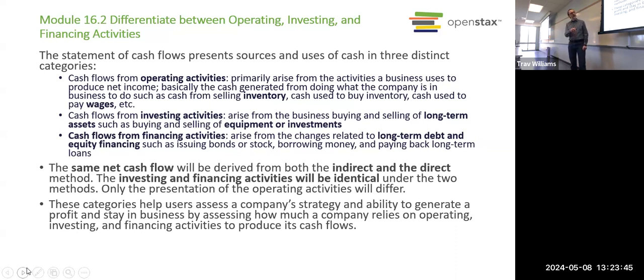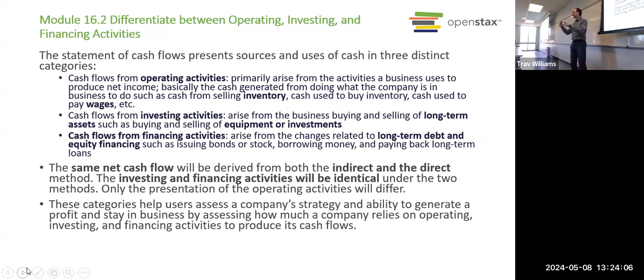Now, whether you use the indirect method or the direct method for the operating section, you should get the same answer for your net cash flow for operating. So it shouldn't matter which approach you use, it's just two different ways to get to the same number.